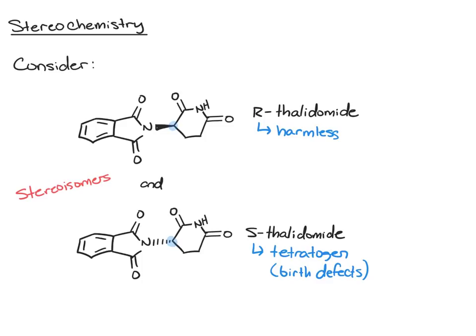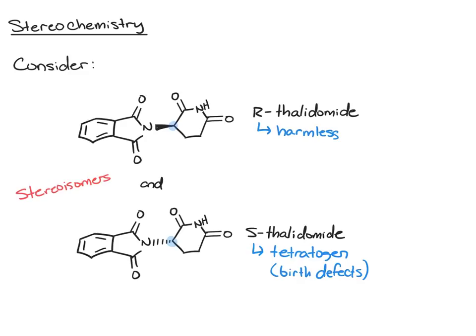The whole reason behind this is the fact that our bodies are three-dimensional in their nature, and we have different receptors with active sites, and one molecule might fit into one active site, while another molecule, because of its 3D structure, will fit into an entirely different active site.